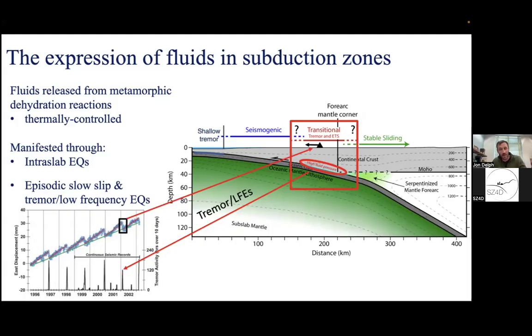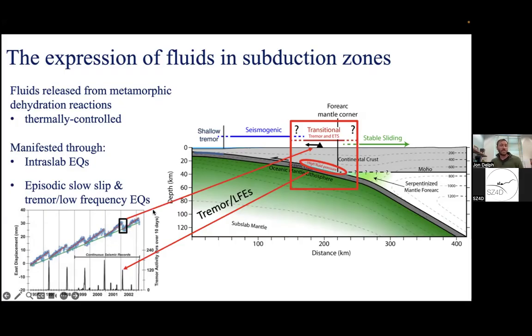But in these slow slip events, this process where we're releasing stress takes a much longer time period. Rather than seconds, in Cascadia, it takes weeks, and in other subduction margins that have this behavior, it can be even longer, months to maybe even years. So that's the geodetic signature associated with these. That's what we call slow slip.